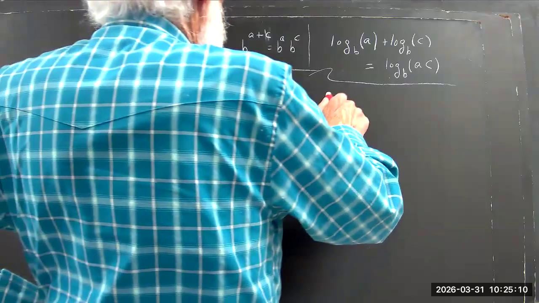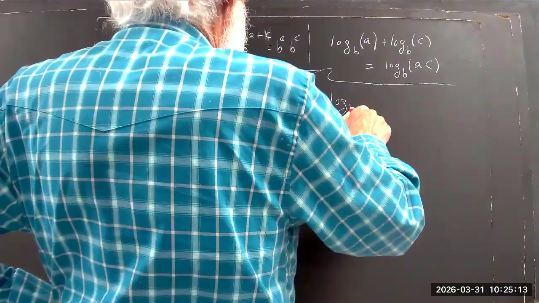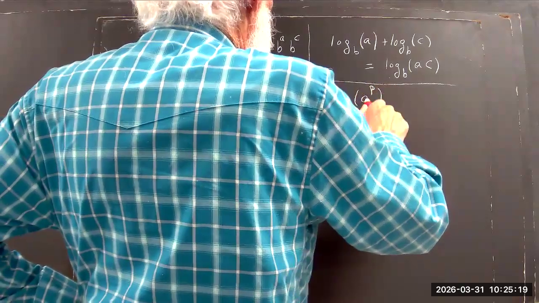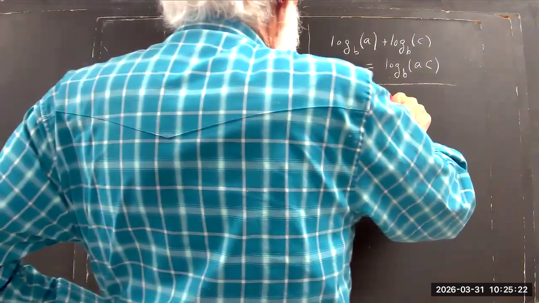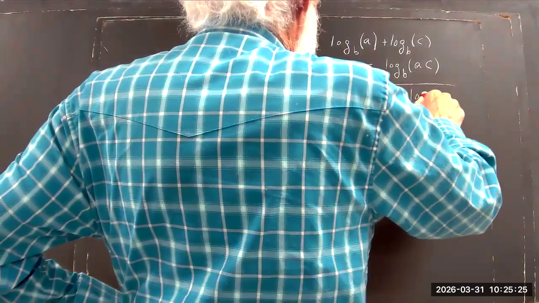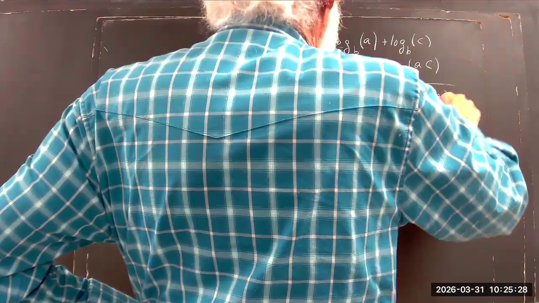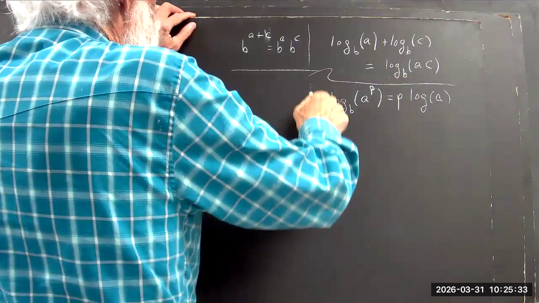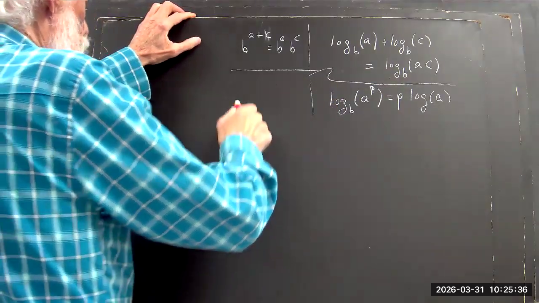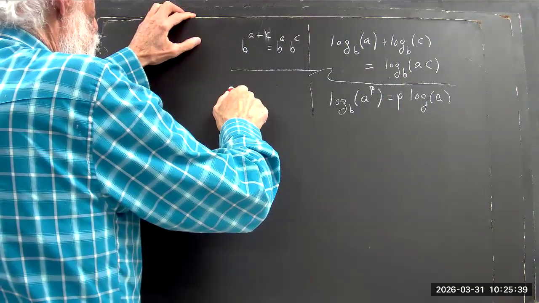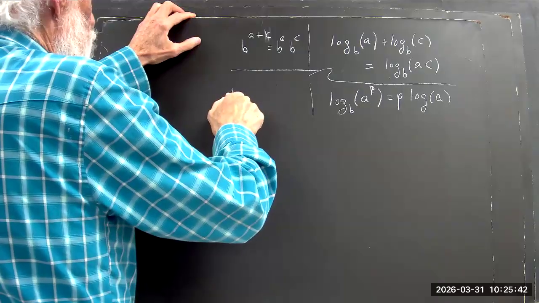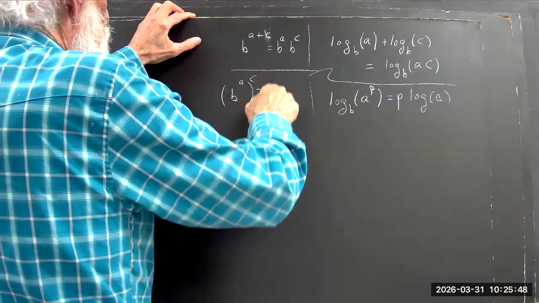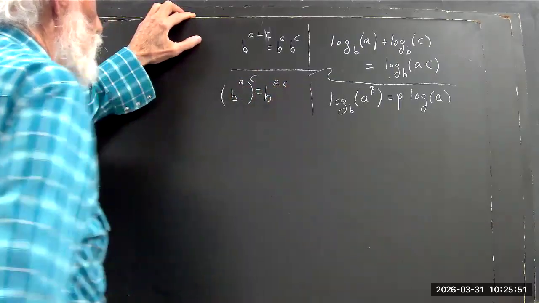Another is log base b of a to the p, some power of a, equals p times the log of a. This is related to the fact that b to the a raised to the c power equals b to the a times c.